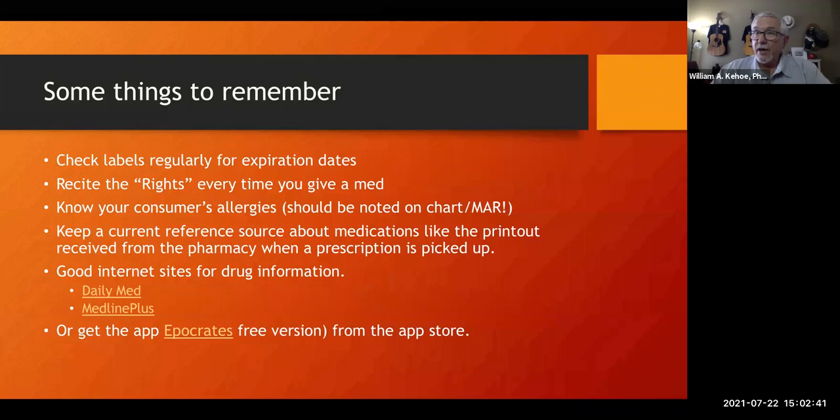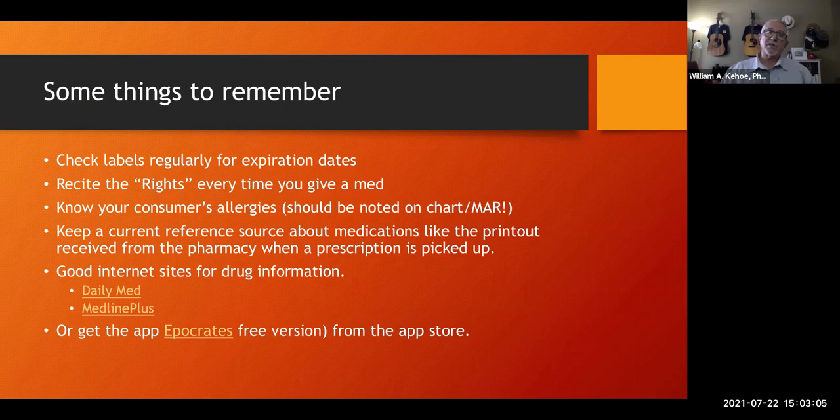Checking the labels regularly for expiration dates. Pharmacists try to give you at least a year on these medications. And of course, that depends on where we got our supply from, et cetera. But we try to not give you what we call short-dated prescriptions. Again, remembering the rights of administration every time you give a med.